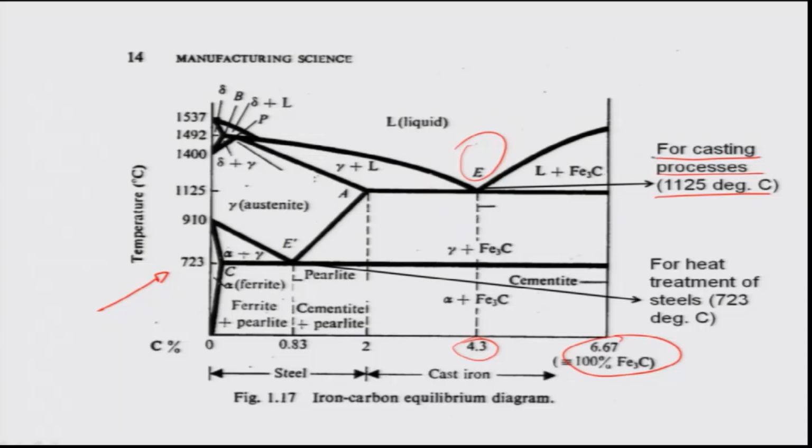Then there is a region which is important for heat treatment of steels, which is 723 degrees Celsius, this particular region right here, and this is related to metal working processes.